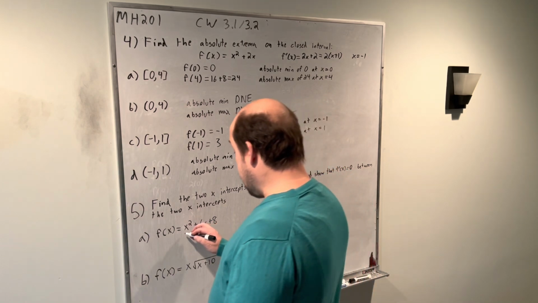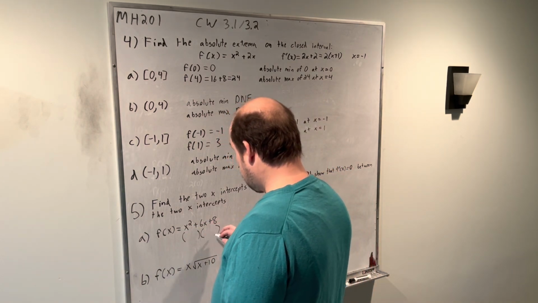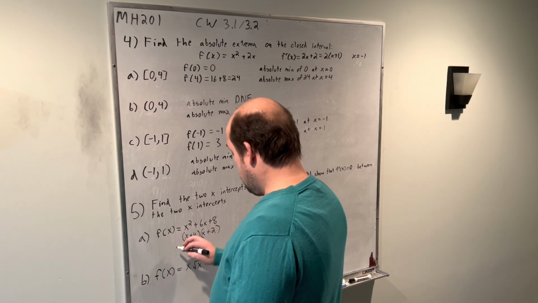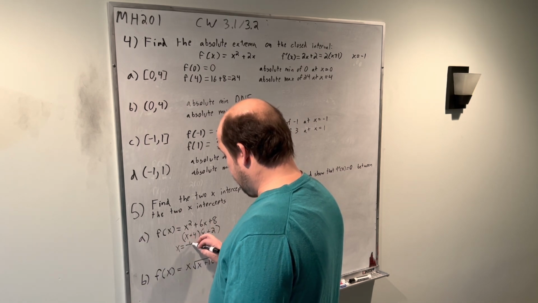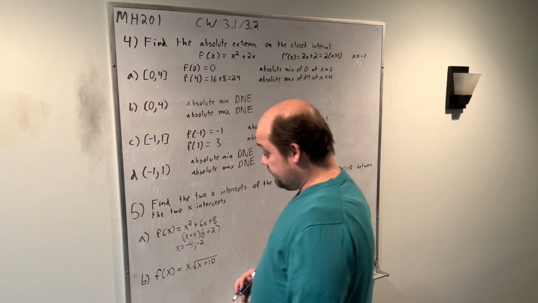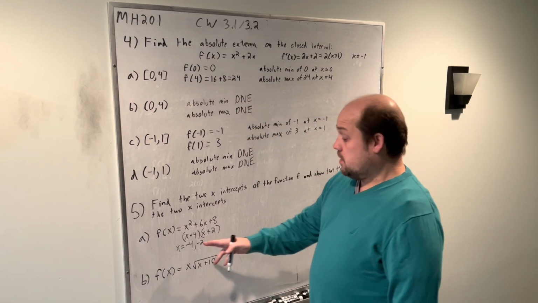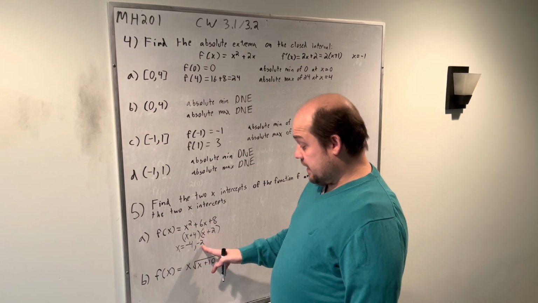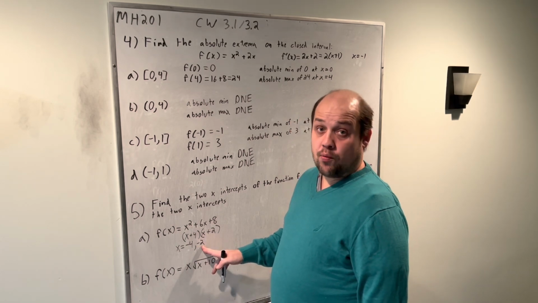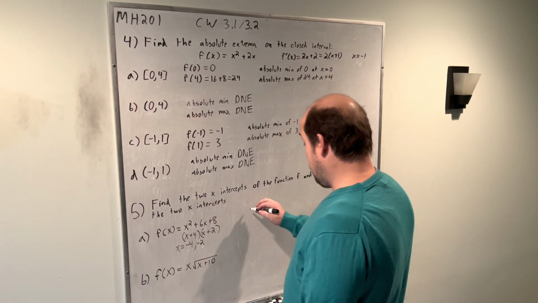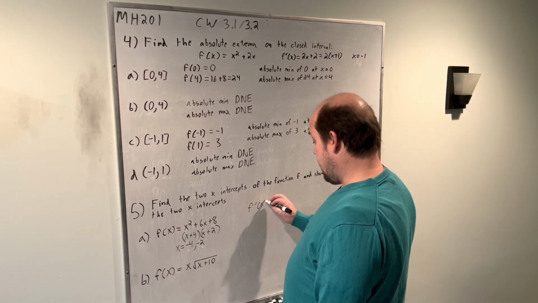If I factor this, I get (x plus 4)(x plus 2), which means x equals negative 4 and x equals negative 2 are the two x-intercepts. Somewhere between negative 4 and negative 2, there must be a point at which the derivative equals 0. To find that point, I take the derivative, f prime of x.